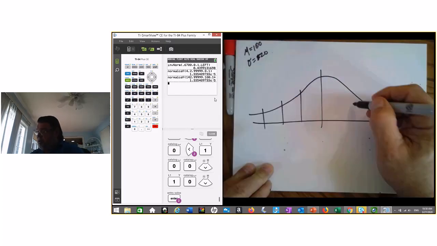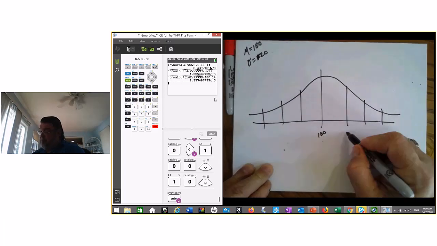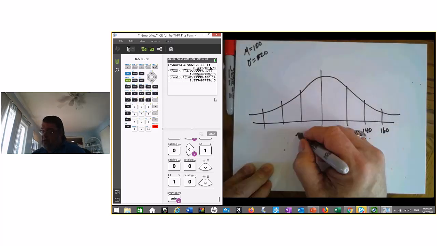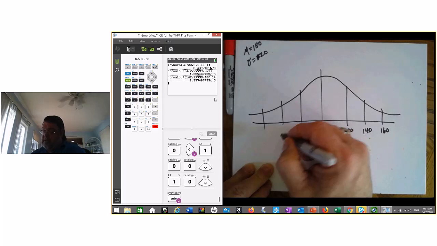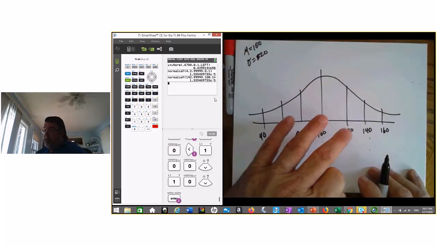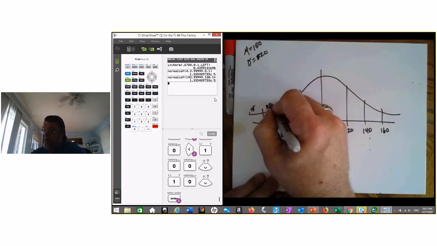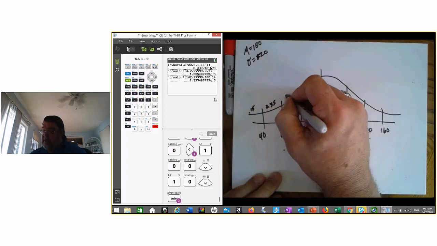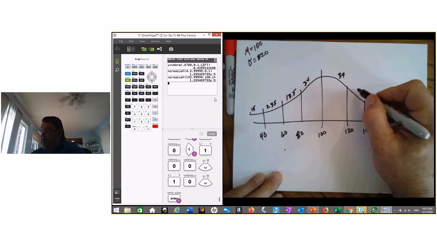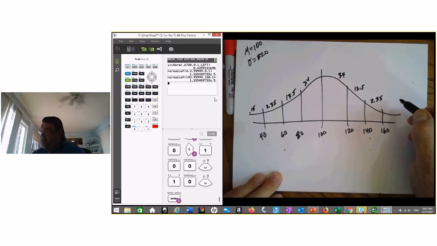Let's say these are IQ scores again: 40, 60, 80, 100, 120, 140, 160, and the percentages 0.15, 2.35, 13.5, 34, 34, 13.5, 2.35, and 0.15.